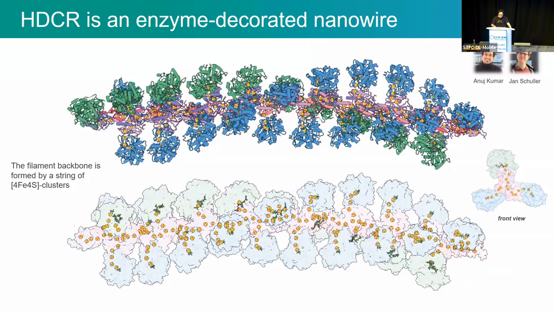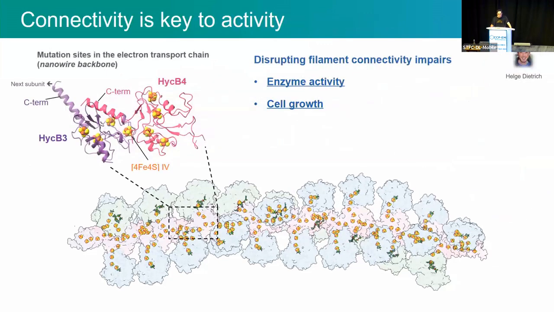And using this information from the structure, Helge, who was a student in the group of Volker Müller, did several experiments with mutants informed by the structure to disrupt the filamentation at different points. So, for example, he could disrupt the filament within a subunit or between subunits, and also he could disrupt the iron-sulfur coordination.